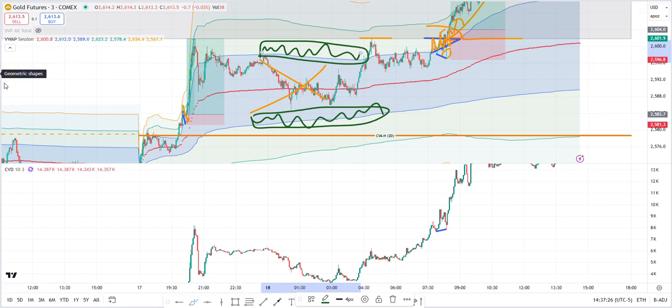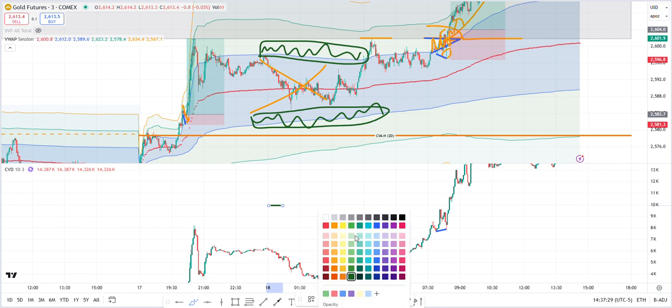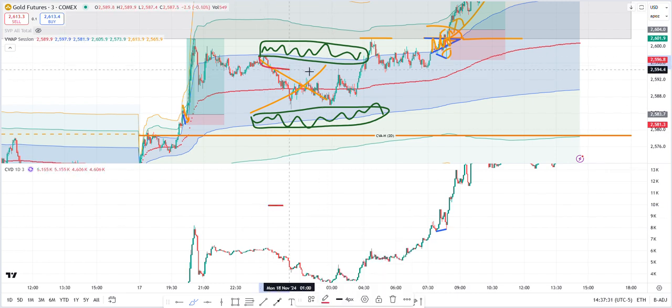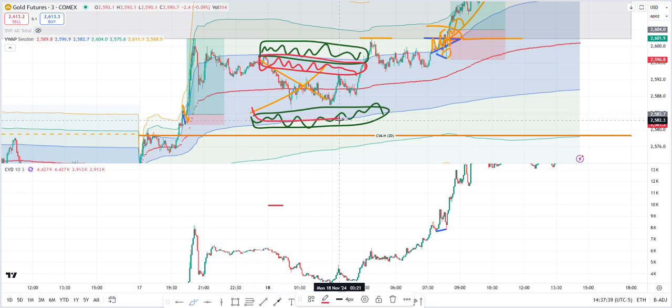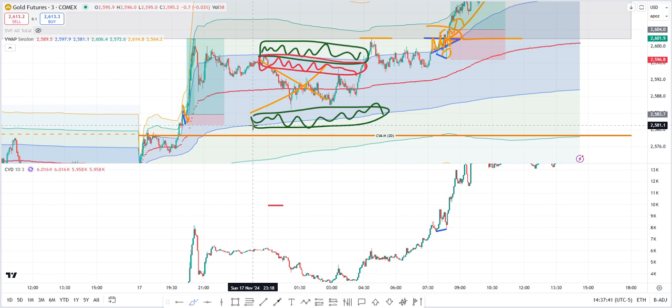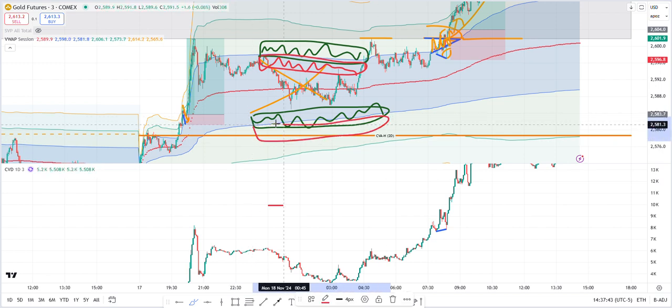Conversely, we want to be selling in this area, just put that in red, and selling down there on the other side of the VWAP. So there's kind of two zones. There's a buying zone and a selling zone.